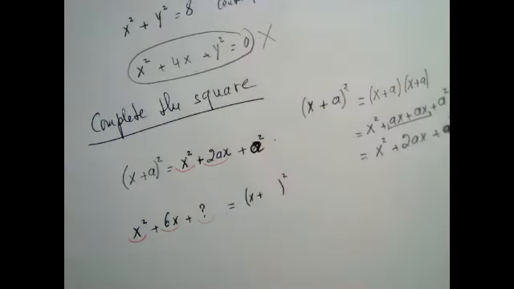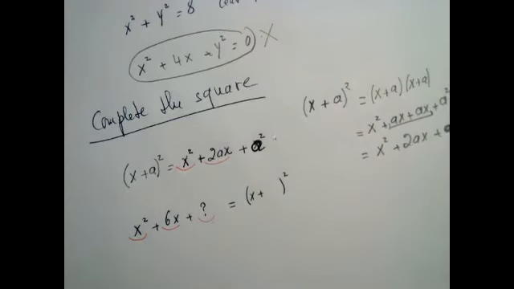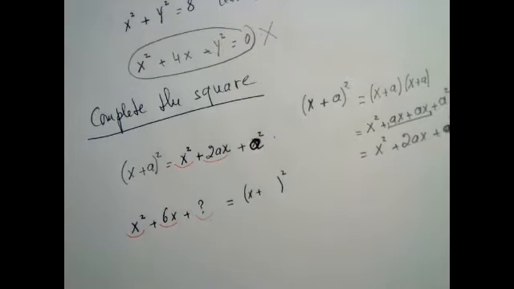Sorry, my apology. This is a squared. So what should be the a here so that I get something squared? What do you think I should add? Before I give you the algorithm, I want you to interact with it a little bit. What's playing the role of a here?